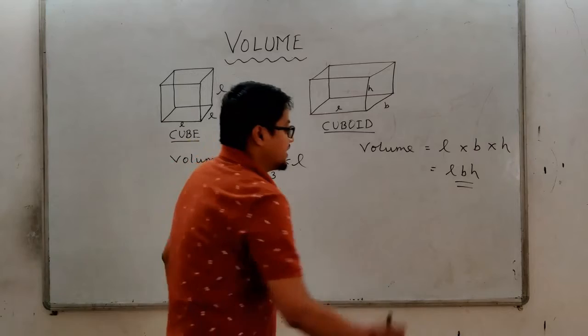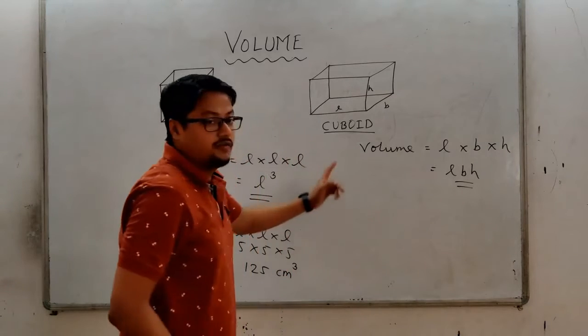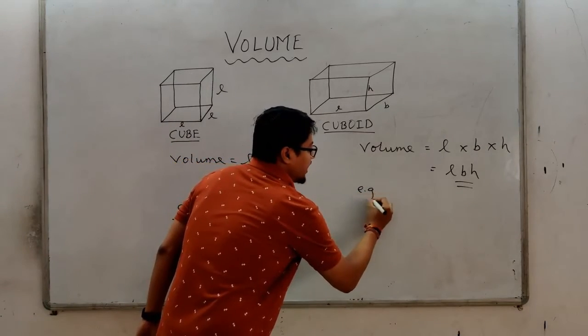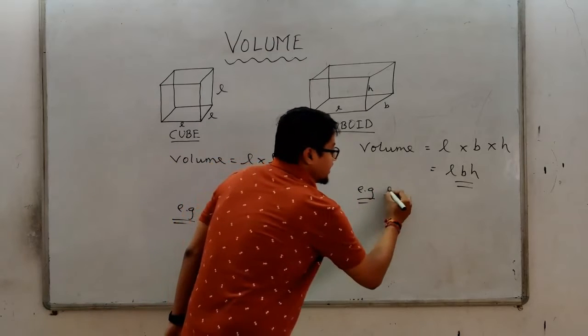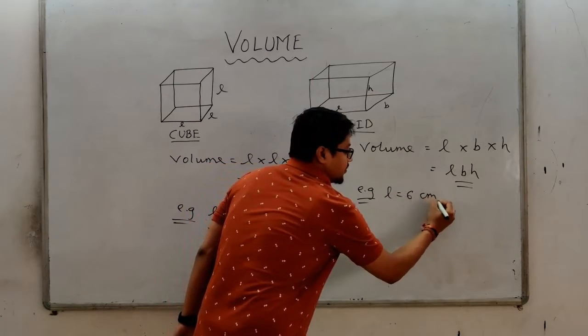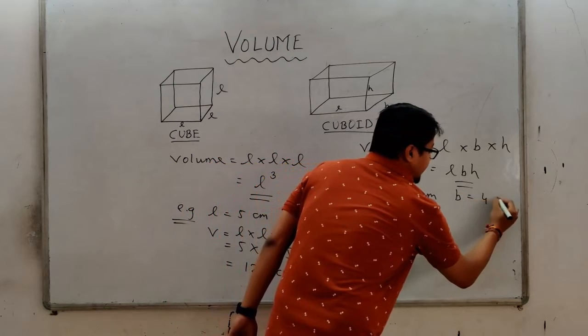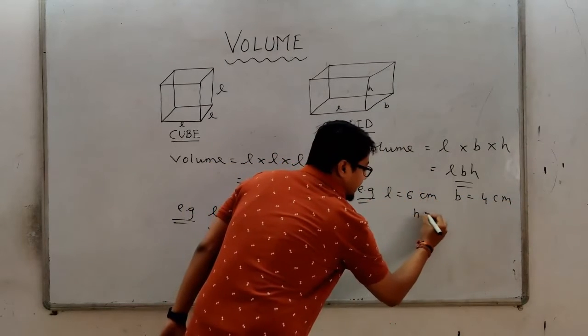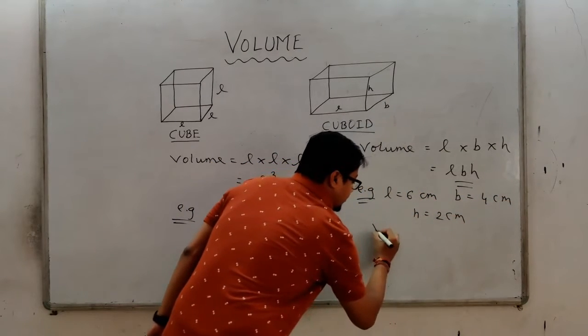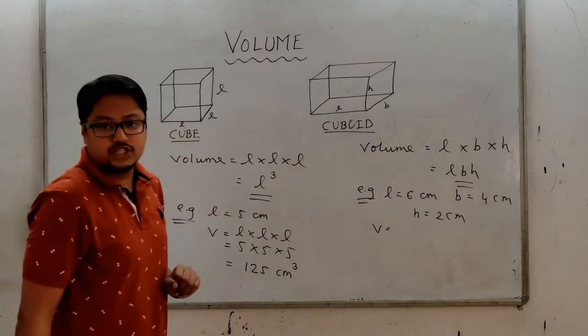Let us see one more example for finding out the volume of a cuboid. Suppose we have a cuboid whose length is 6 centimeter, breadth is 4 centimeter, and height is 2 cm. And we are asked to find out the volume of this cuboid.